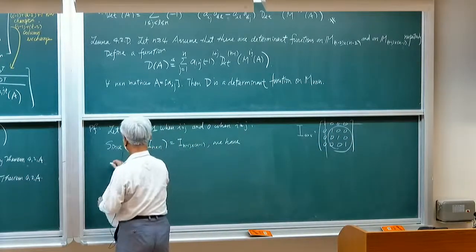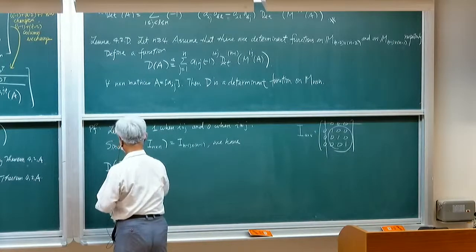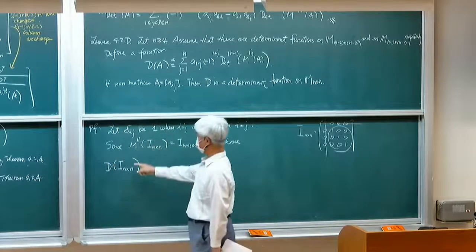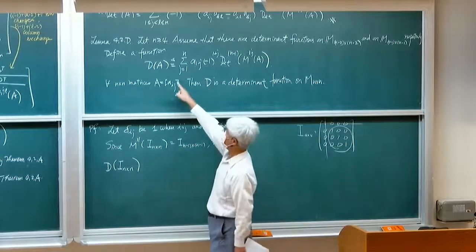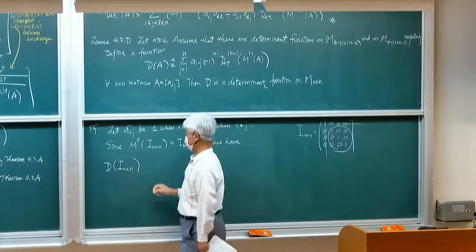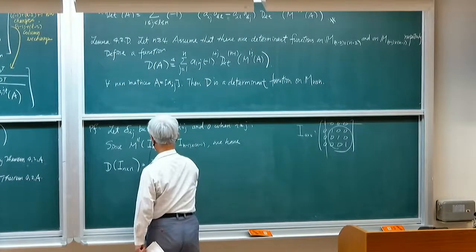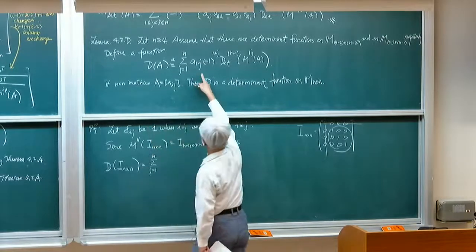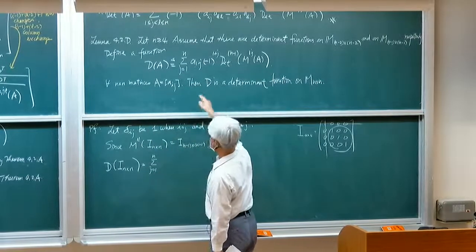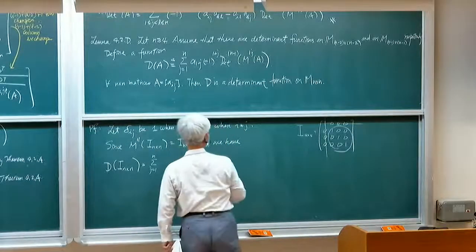Now we evaluate the function value of D at the identity matrix. Now, by definition, a_ij are the entries of the matrix.